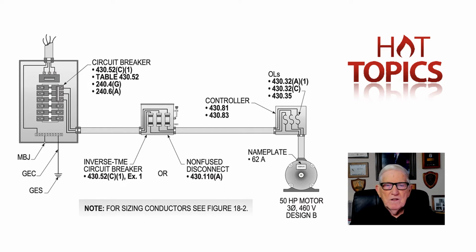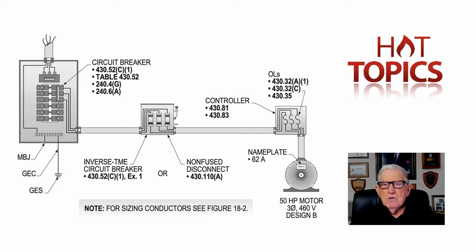Now notice in this illustration we show an inverse time circuit breaker, and we're using the exception 1. We're rounding it up, or we're going to use 430.52C1 and round it down. Then we have your disconnect there and the overload sections that deal with overloads.